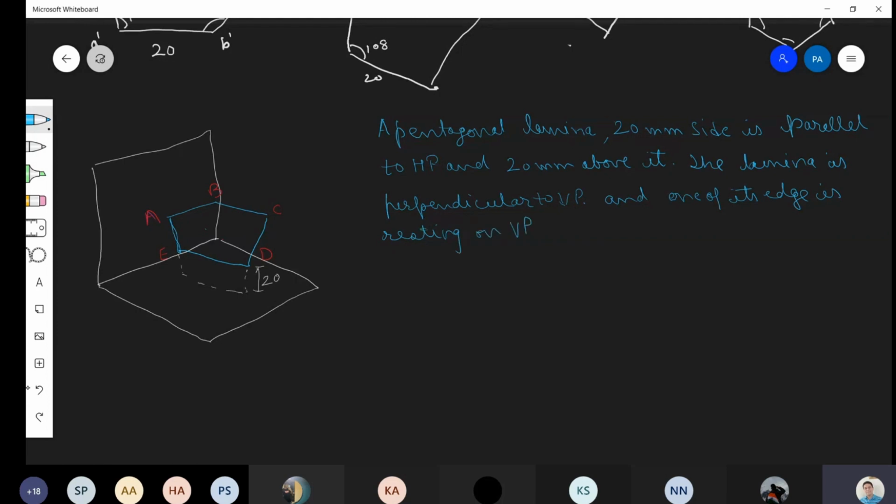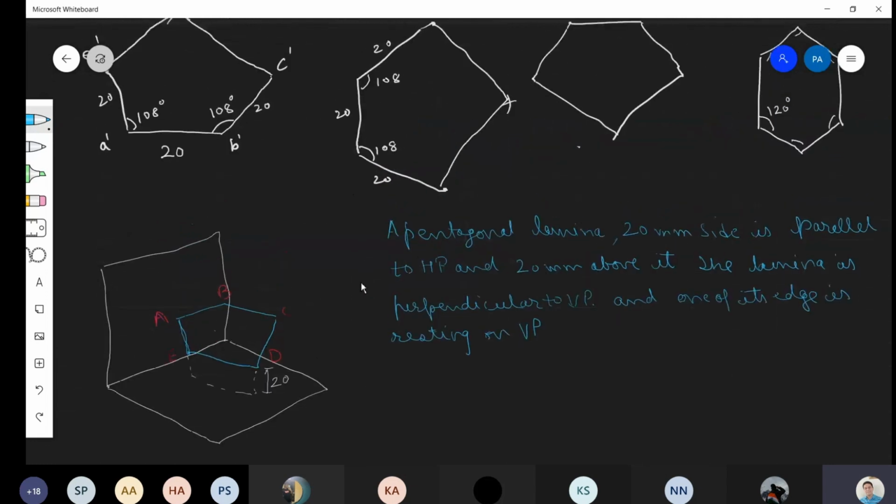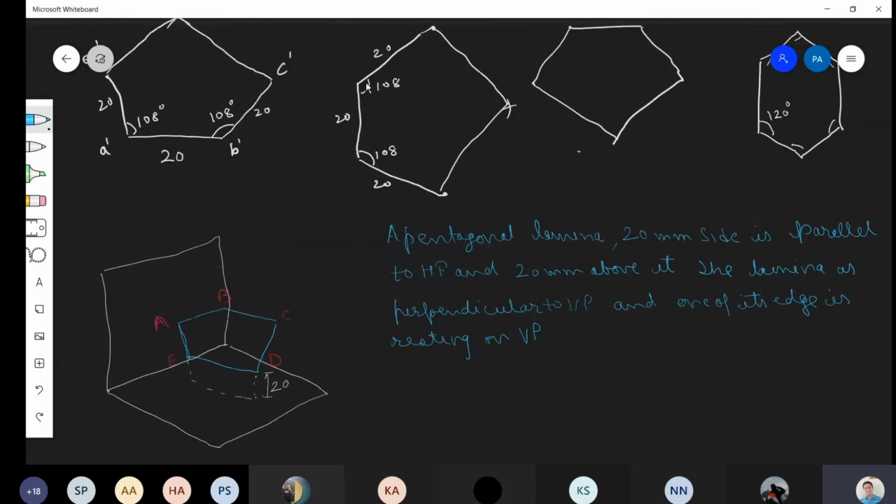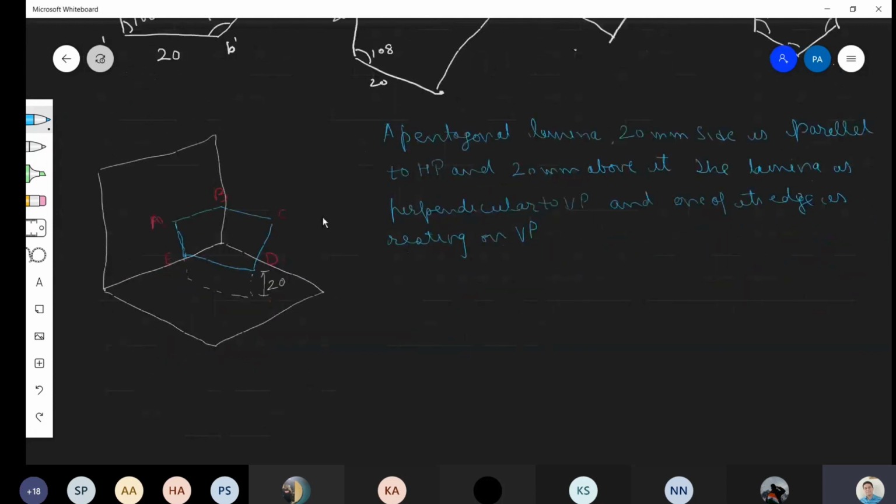Nothing is inclined. You cannot tell about the lines of the lamina. You cannot tell that this line is inclined to this line. That comes in basic construction of the lamina. You are not allowed to tell this. If it inclines, then the entire lamina will incline.